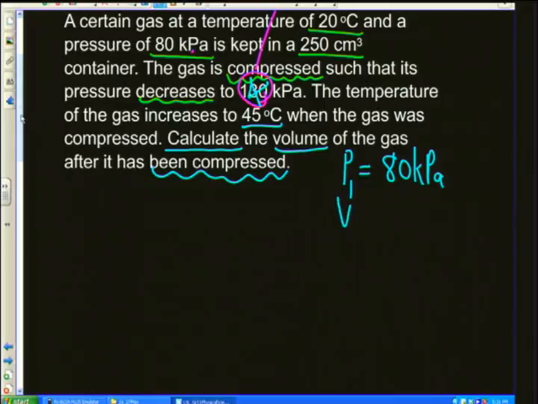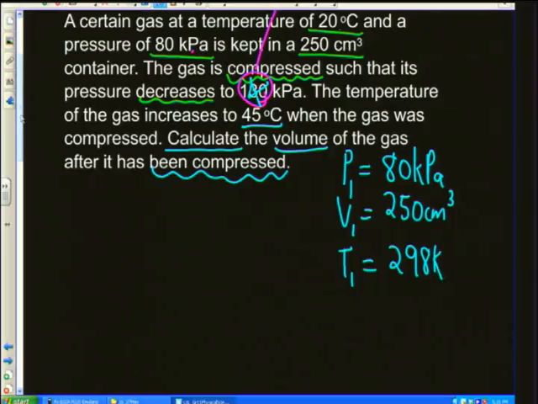You've got volume 1, which is 250 cubic centimeters. Then you have temperature 1, which is 298 Kelvin. That's 20 plus 273 to give me 298.